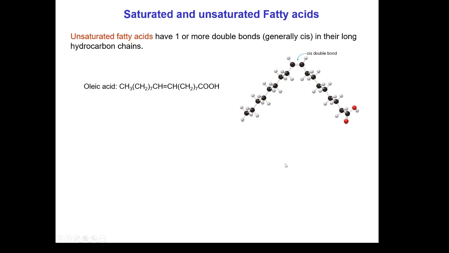Unsaturated fatty acids. Oleic acid is a good example. Okay. Oleic acid, as you could see it right there. And we are usually in the cis form. To be unsaturated, I just need to have one double bond, but I could have more than one double bond. Okay, it is possible.